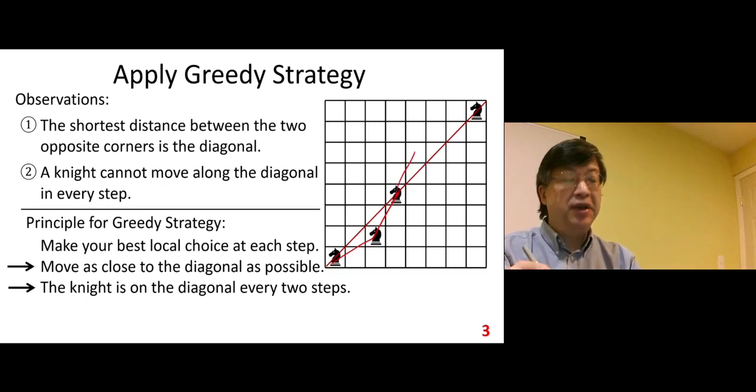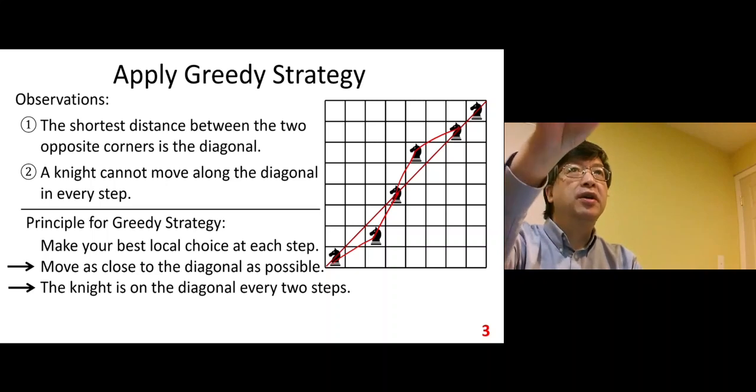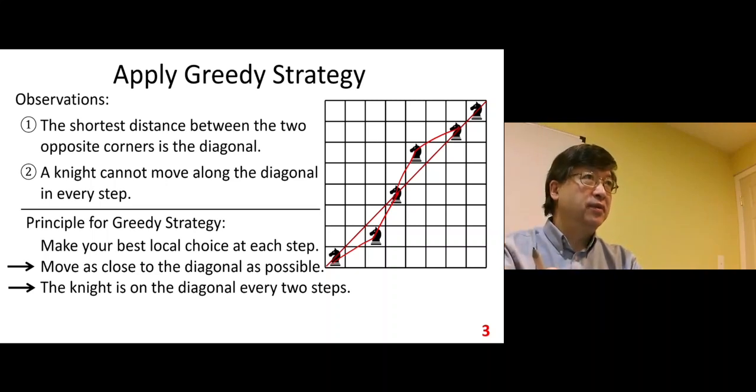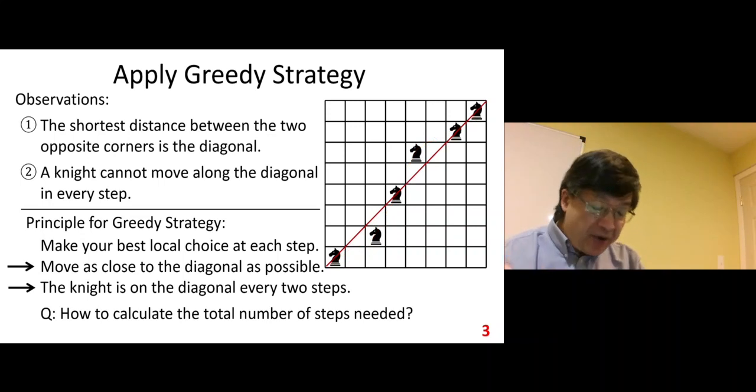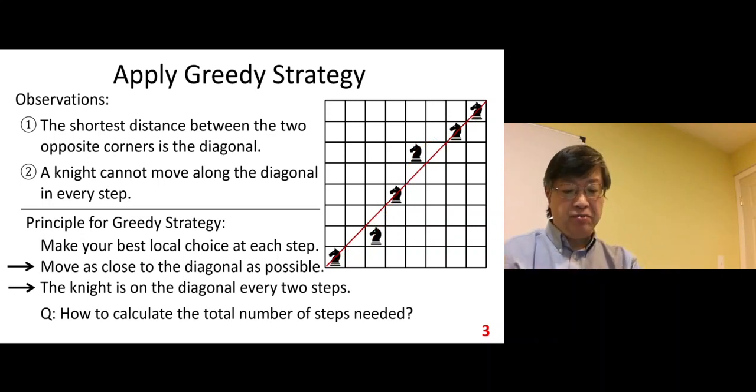Another 2 steps, we get to the diagonal. Every 2 steps, we get on the diagonal. That's pretty good, right? Now the question: how to calculate the total number of steps needed.